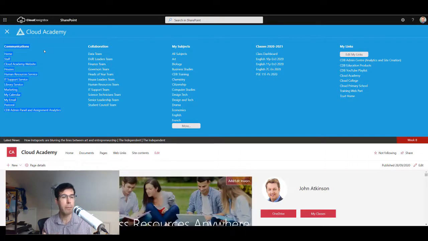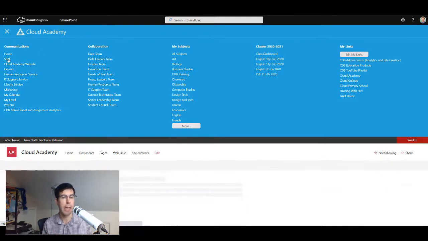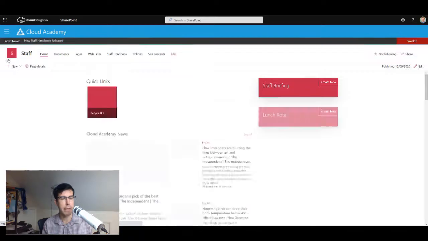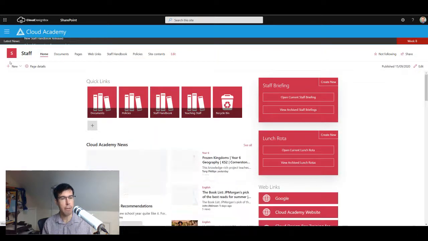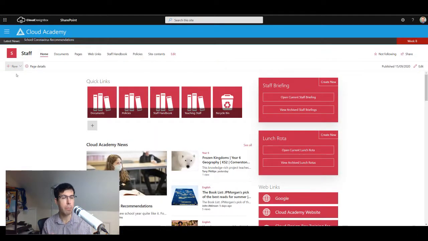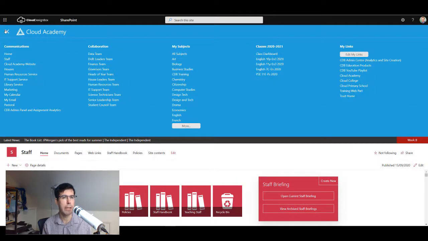It might be something like a staff site where you're publishing policy documents and staff briefings, anything where some members of staff can edit and publish those documents, but most people are going to be consuming them. Things like IT support services are on there, where you might have user guides and help guides.